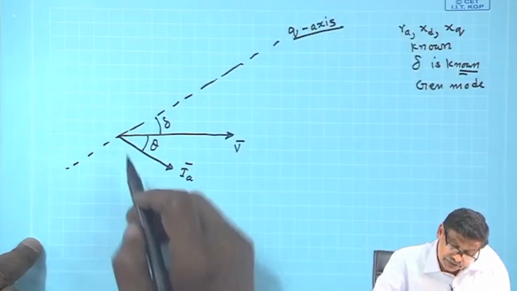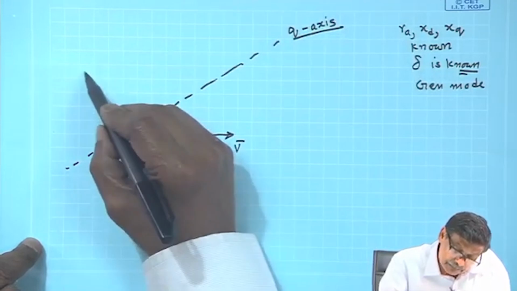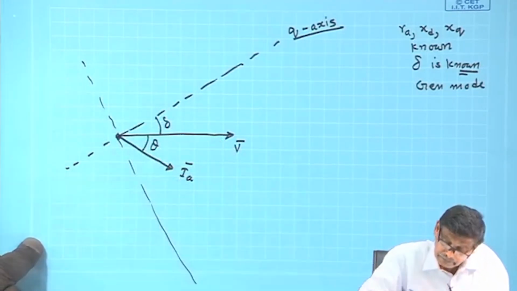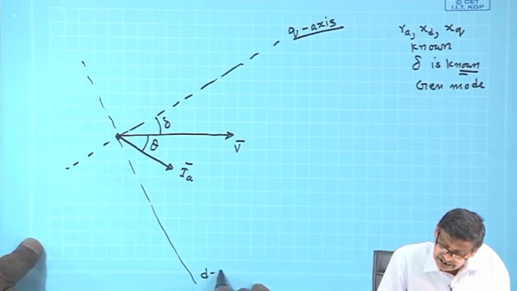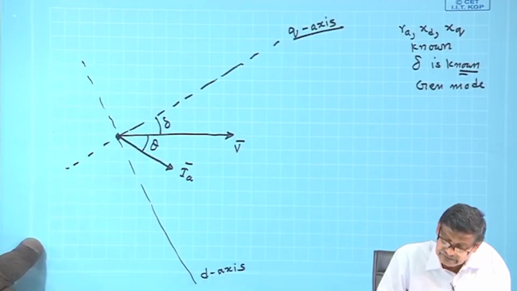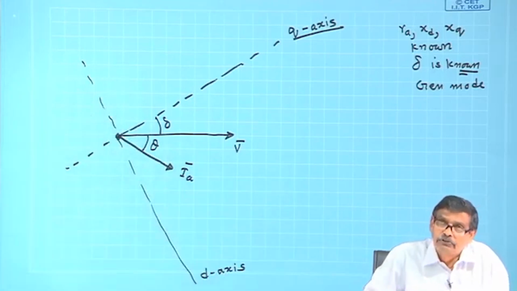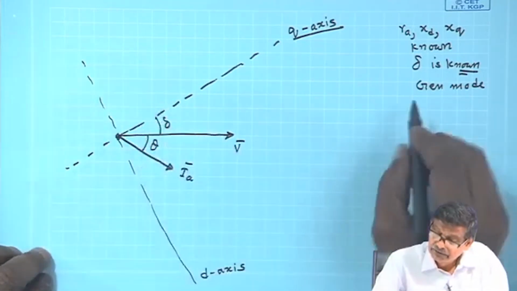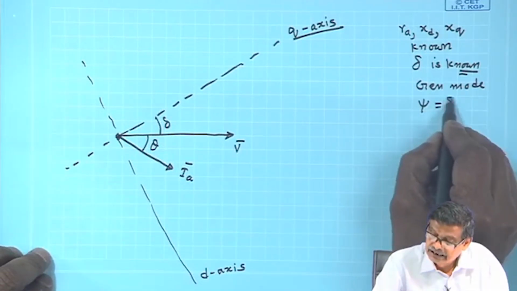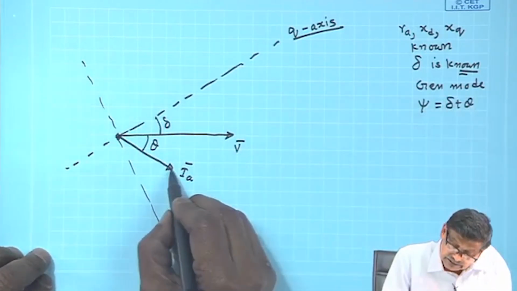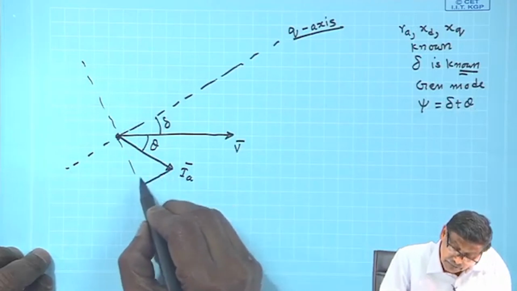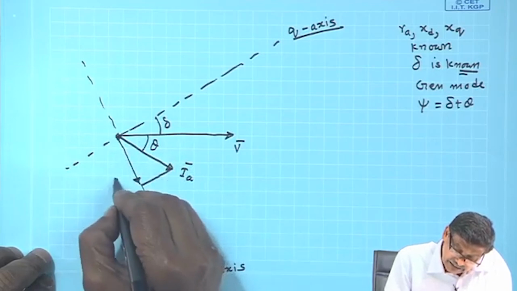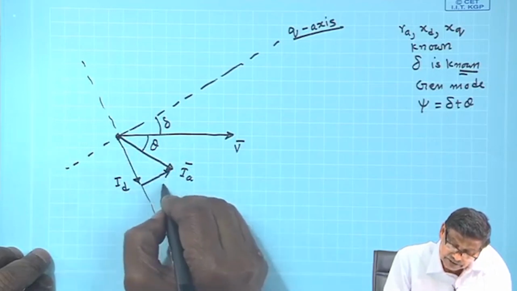Then I will draw a line perpendicular to this, and say this is the d axis, where the field poles will be. Now, theta is known, delta is known, so psi is also known, delta plus theta. Then you get these two components, and these values are now known in numbers, Iq.